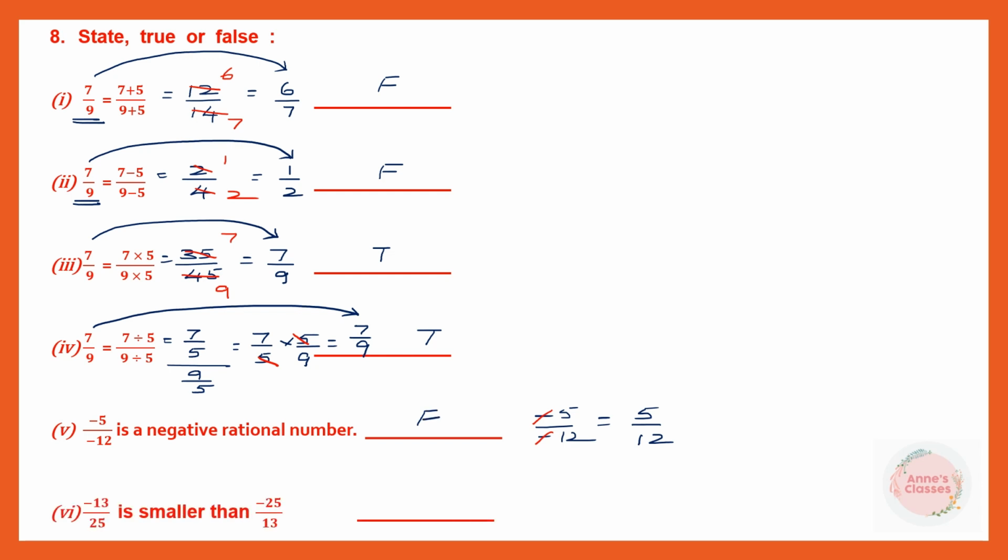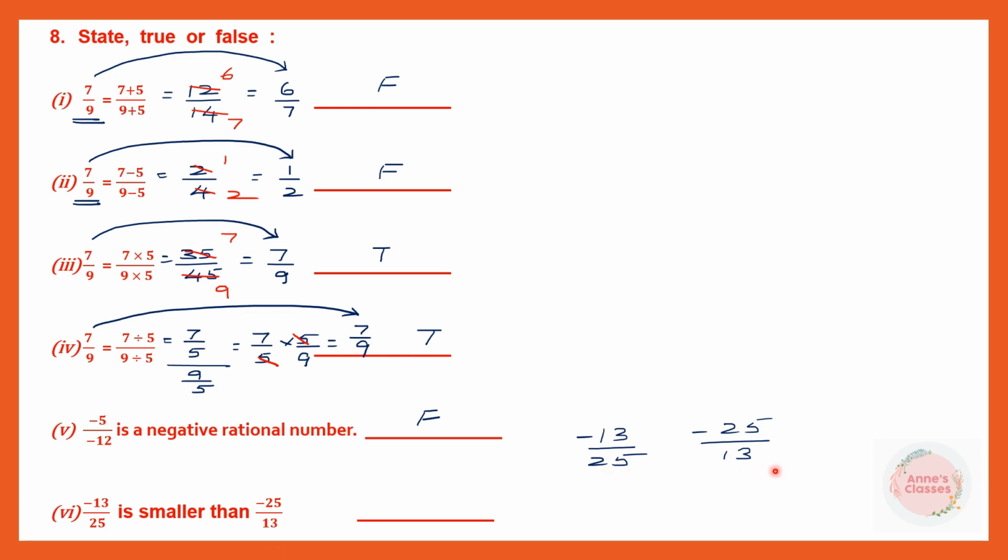Question 6. Minus 13 by 25 is smaller than minus 25 by 13. Now to find out if this is smaller than this, we have to compare them. Now how do we compare rational numbers? We have minus 13 by 25 and we have minus 25 by 13. There are two ways of comparing fractions or rational numbers.